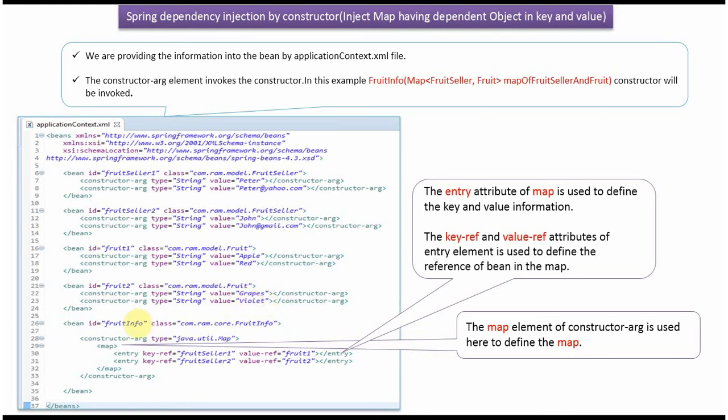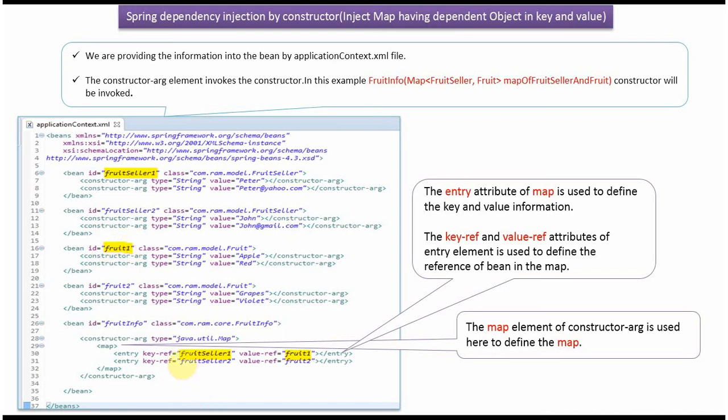FruitInfo object contains a map and it contains two key value pairs. In the first key value pair, key is fruitSeller1 object and value is fruit1 object.